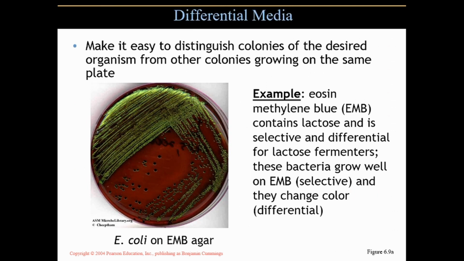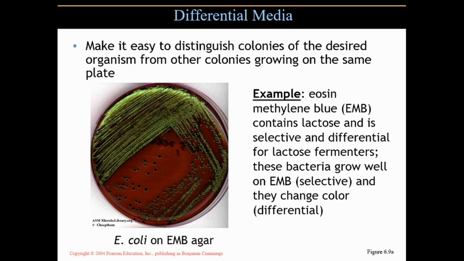Differential media, often differential, it yields a color change. And as a result of that, you can differentiate between colonies. So it makes it easy to distinguish colonies of the desired organism. So I mentioned earlier eosin methylene blue, or EMB.